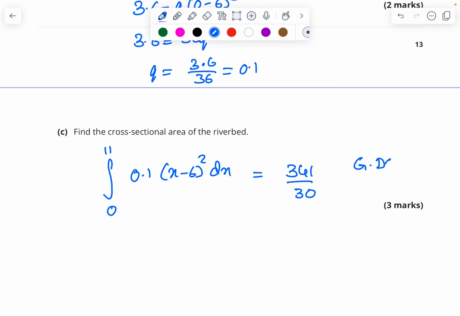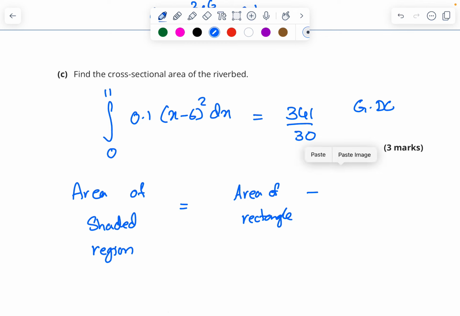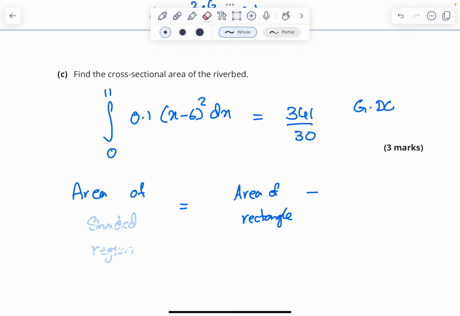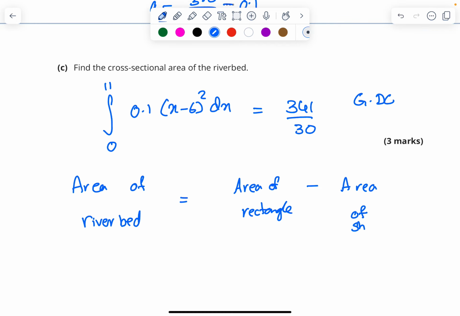But I want the area of the shaded region, which is nothing but the area of the rectangle minus the area of the riverbed.